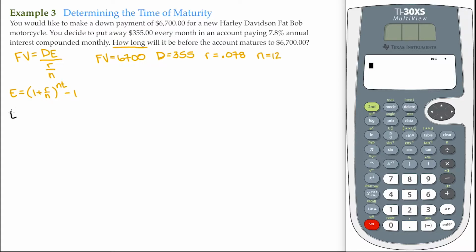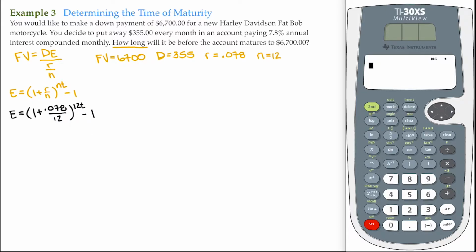So then E is equal to 1 plus the rate, that's 0.078, over the number of pay periods, that's 12, raised to the 12, and here's the T that we're going to be solving for, minus 1.